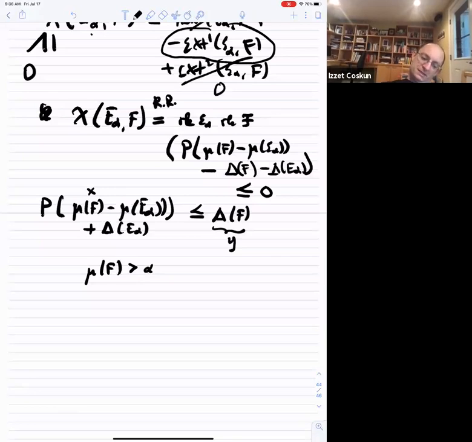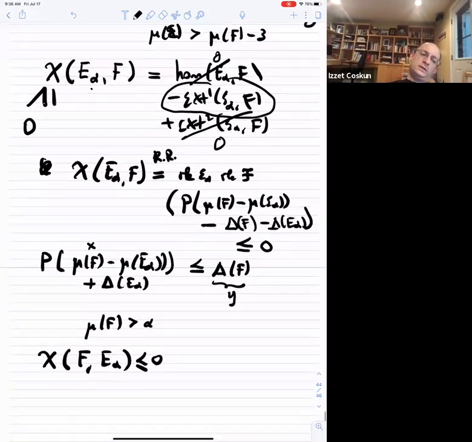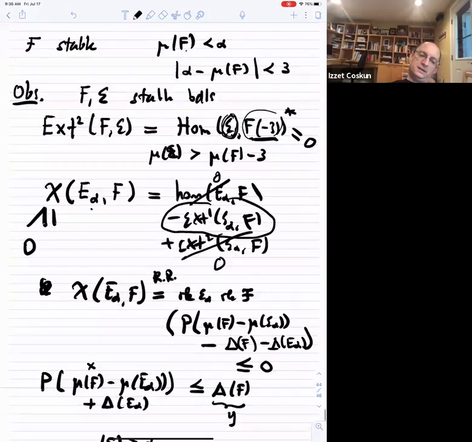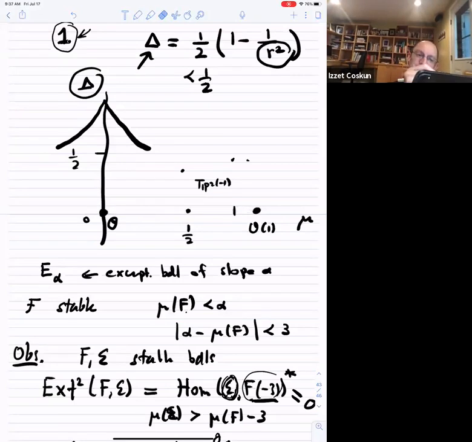Then similar arguments would say that chi(f, E alpha) has to be less than or equal to 0, and you get another such quadratic inequality. Then you can plot these things in your graph. The fact that there is O here means there is some region, which I didn't draw so well. So let's delete this.